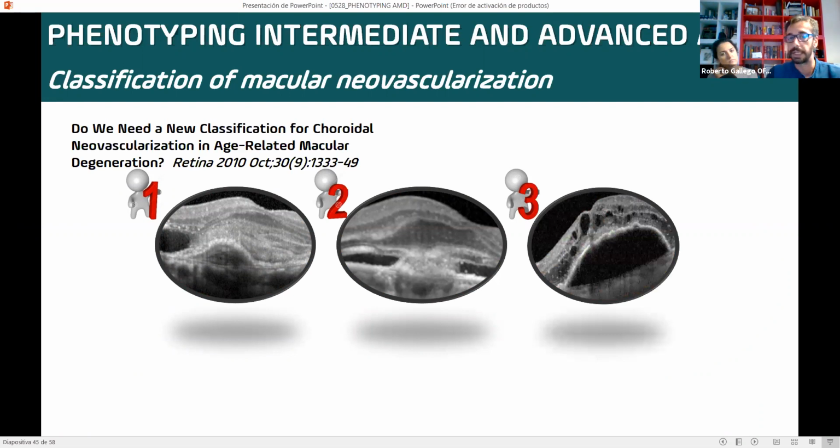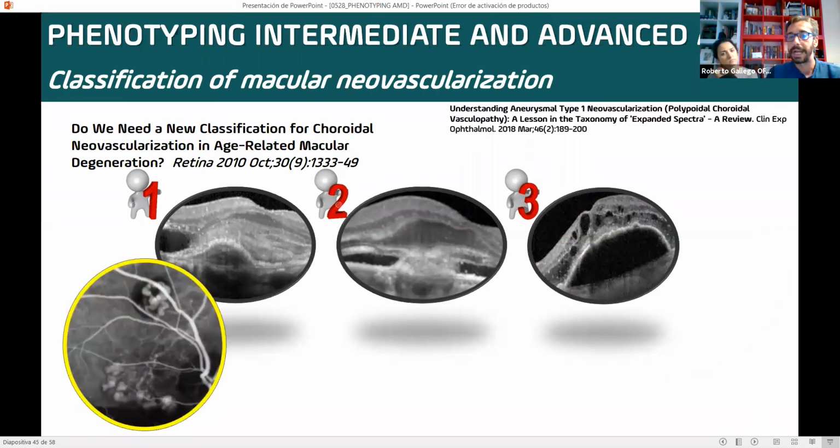We should add to this aneurysmal type 1 lesions that may eventually grow within type 1 neovascular lesions, formerly called polypoidal choroidal vasculopathy. But in this brilliant paper, the authors explain why polypoidal is not very suitable for this disease. So they prefer the term aneurysmal type 1 neovascularization.